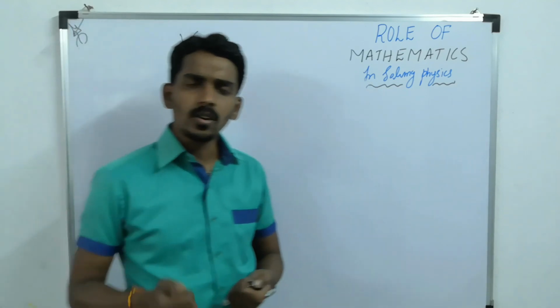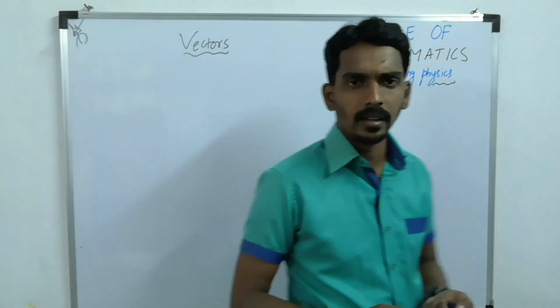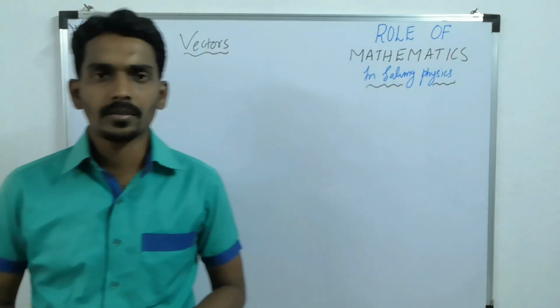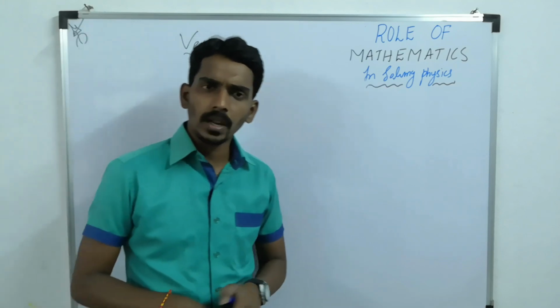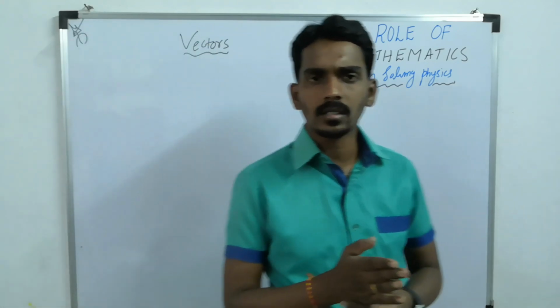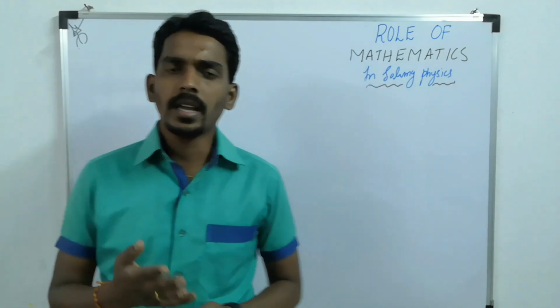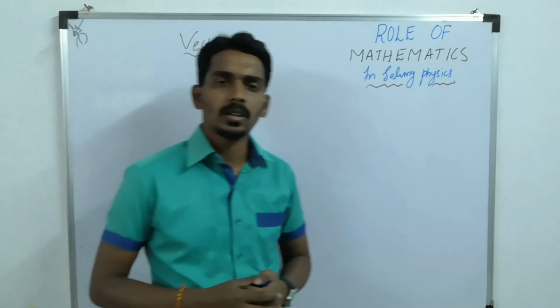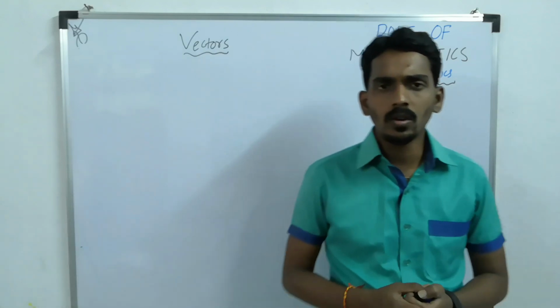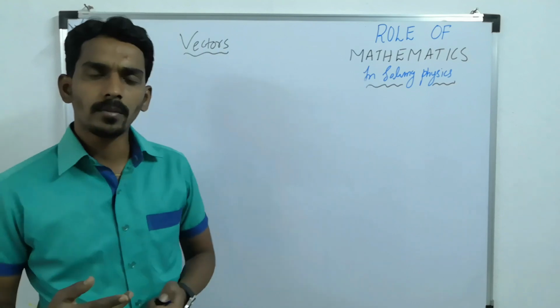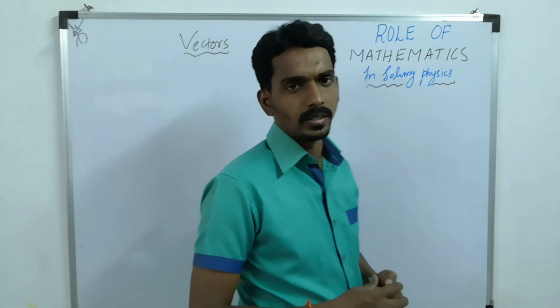If the vector is not along x, y or z, and is in any plane, how will the representation be? If it is in the xy plane, then i cap and j cap, x and y components, will come. If it is in the yz plane, then j and k components will come, and so on. So a vector can exist in 1 dimension, 2 dimension as well as 3 dimension.